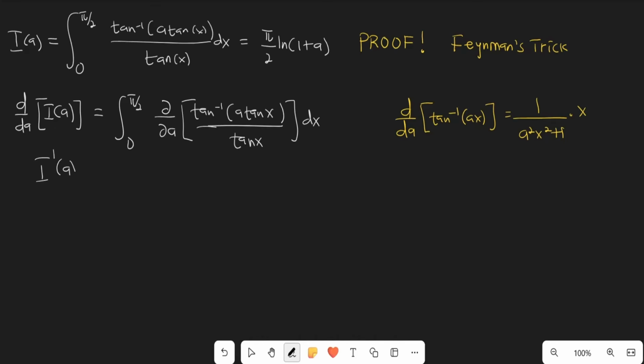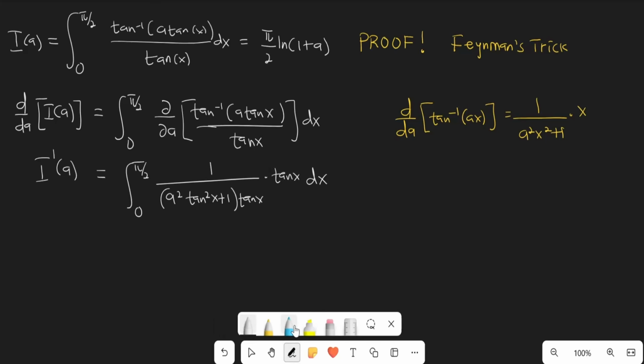Differentiating, this is I prime of a on the left hand side, and that is the integral from 0 to pi over 2 of, this is now 1 all over a squared times the tangent squared of x plus 1, and this is multiplied by the tan of x at the bottom. And now I'm going to multiply by the derivative of this with respect to a, and that is the tangent of x, dx.